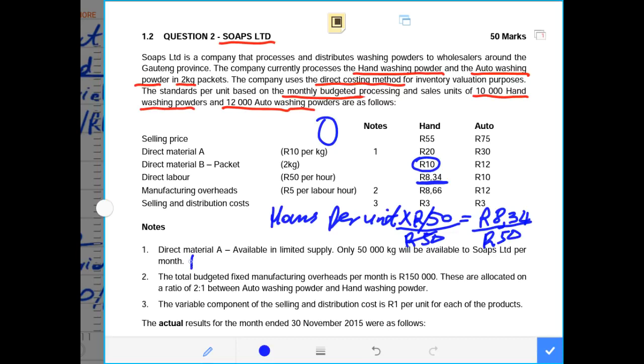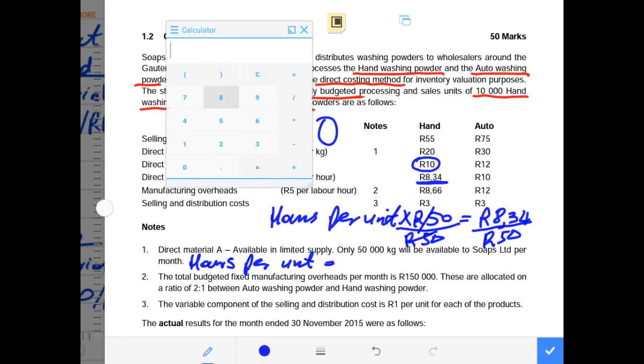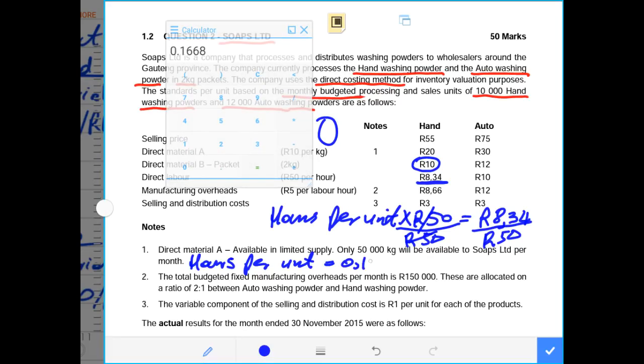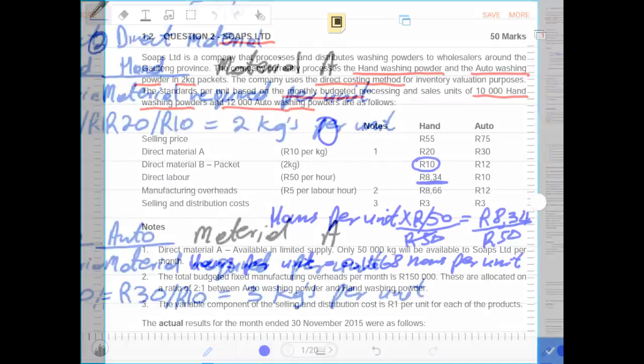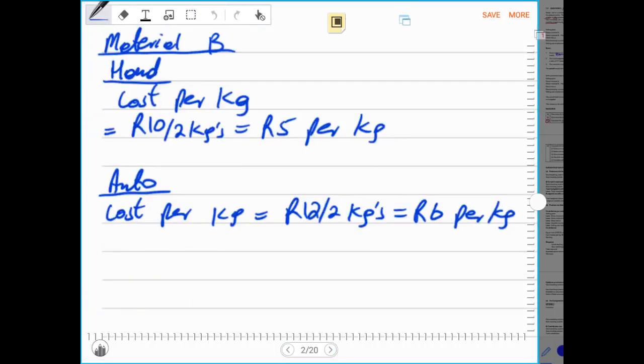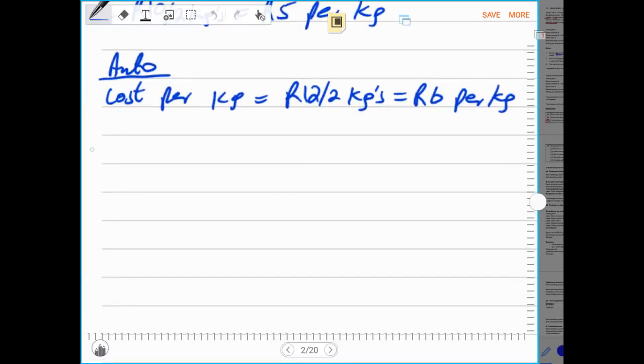Therefore now that will mean hours per unit, meaning the number of hours it takes to complete 1 unit will be equal to 8 rand 34 cents divided by 50 rand, and this will give us 0.1668 hours per unit, meaning it takes 0.1668 hours to complete 1 unit. So now let us effect our calculation respectively. So now we go and we do the calculations, which is calculation number 2, labor hours.